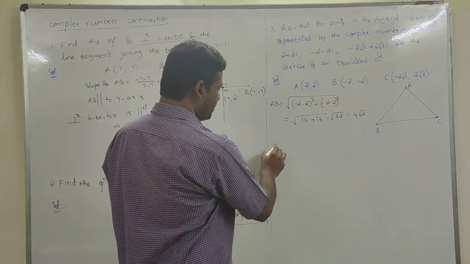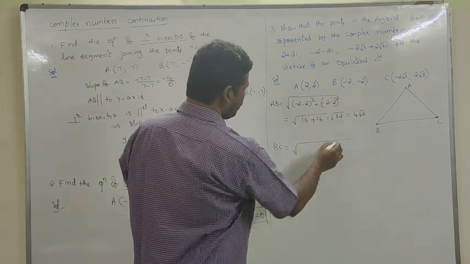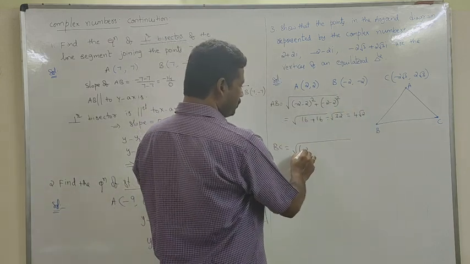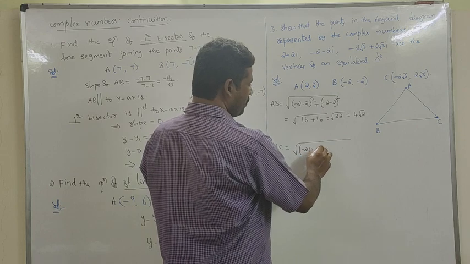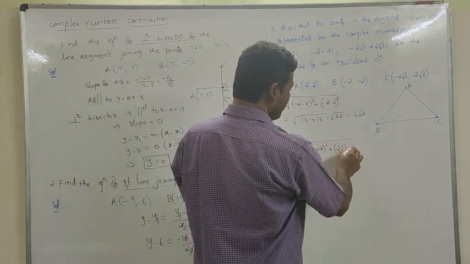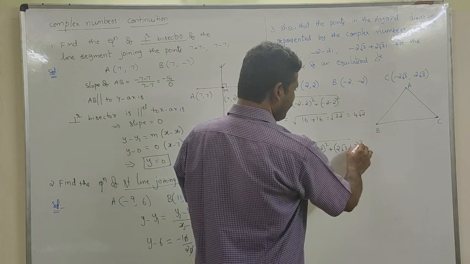Next, BC equals square root of minus 2 root 3 plus 2 whole square plus 2 root 3 plus 2 whole square.